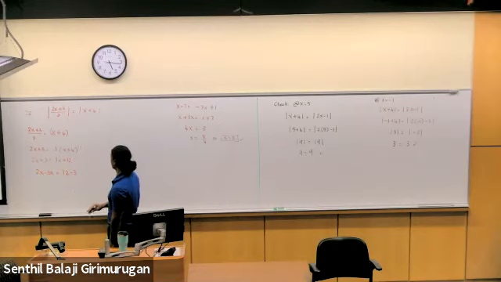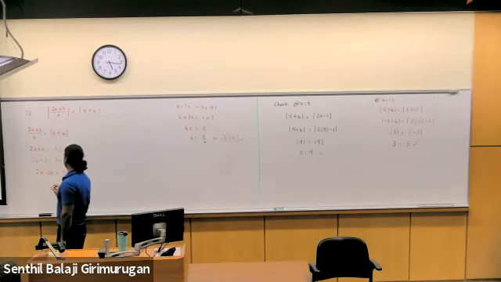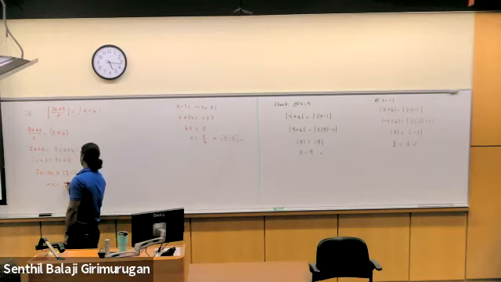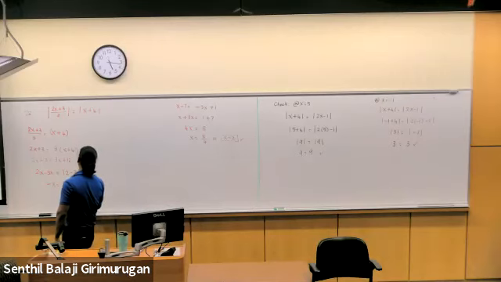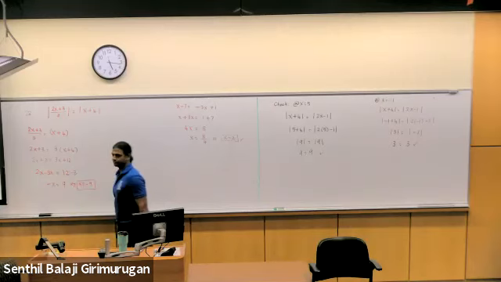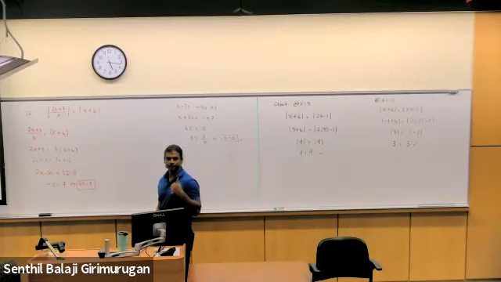It's entirely up to you. So 2x minus 3x is negative x, and 12 minus 3 is 9. If negative x is equal to 9, x would be equal to negative 9. Good. That's one solution.